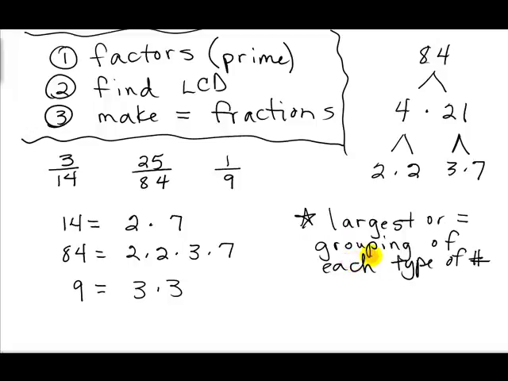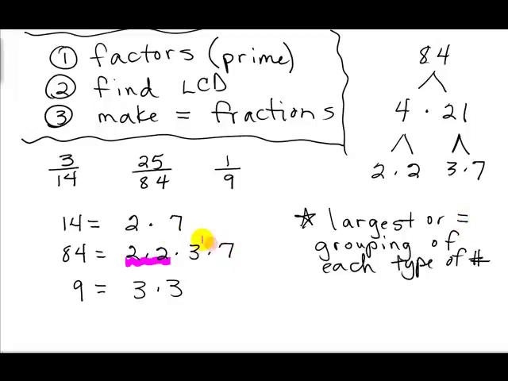And so what I mean by that is, here I have a 2. Here I also have some 2's. And they all have to be included. So I have to include every type of number. So when I look at the 2's, the largest grouping is here. When I look at 7, I have 1 here and 1 here, and so that's when I'm talking about the equal.